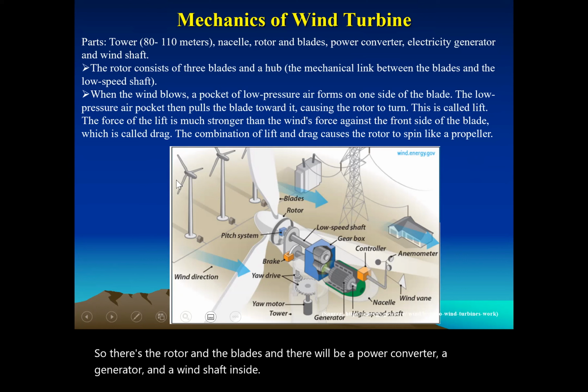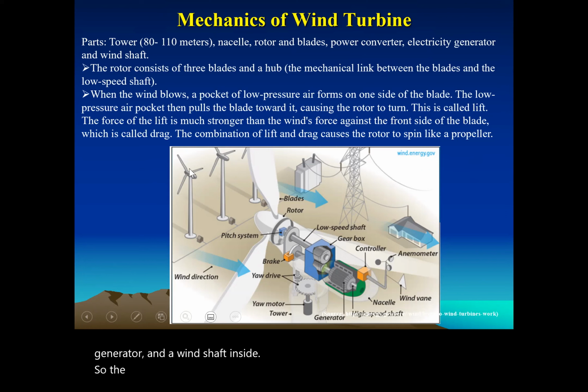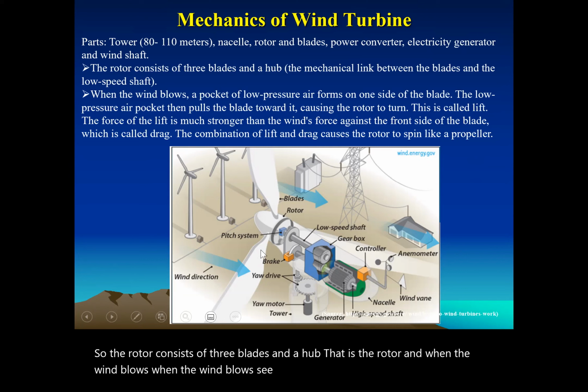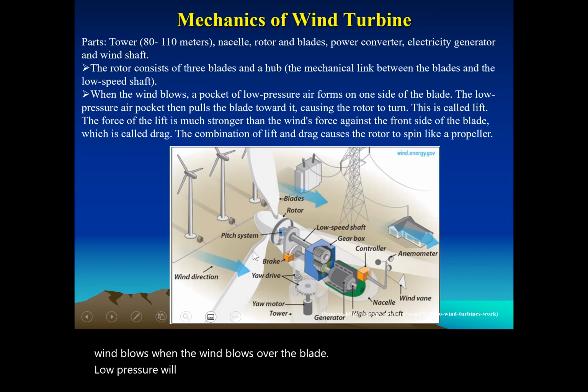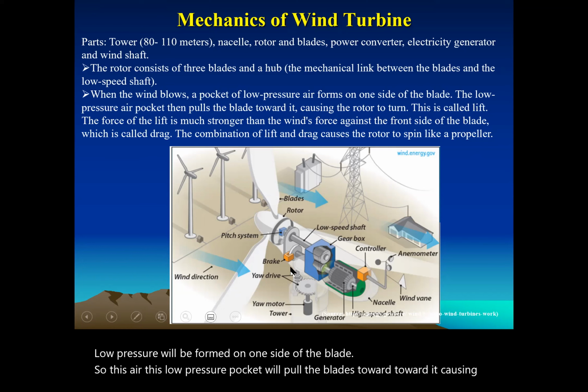The rotor consists of 3 blades and a hub. That is the rotor. And when the wind blows over the blade, low pressure will be formed on one side of the blade. This low pressure pocket will pull the blade toward it, causing the blade to turn round and round.